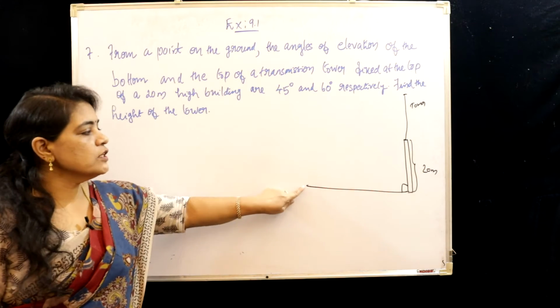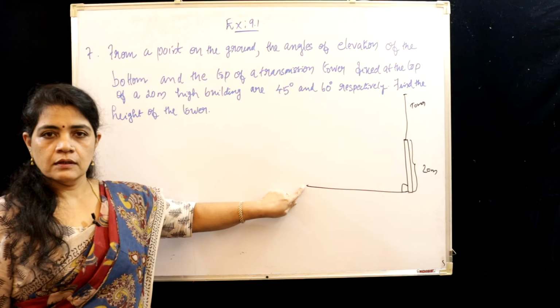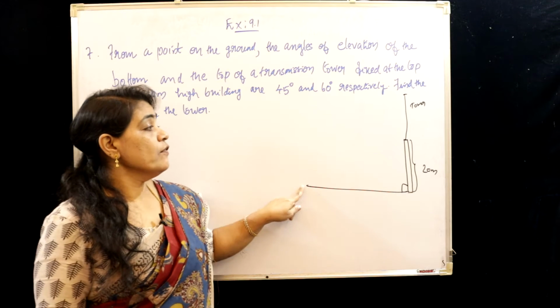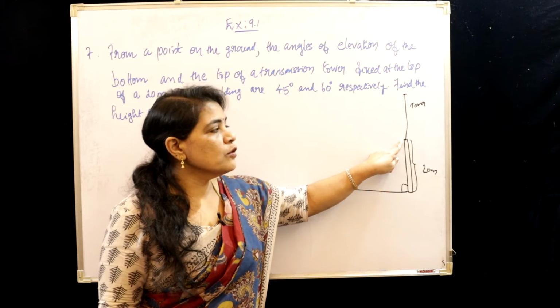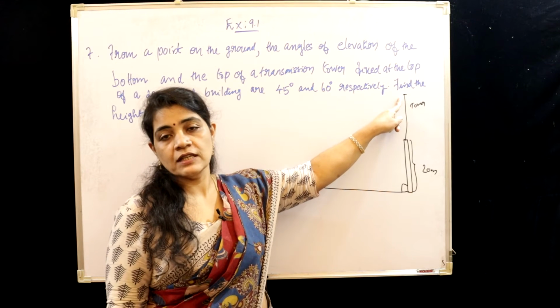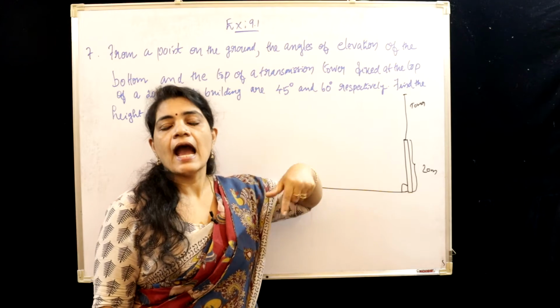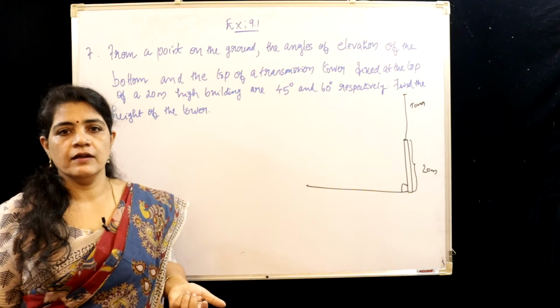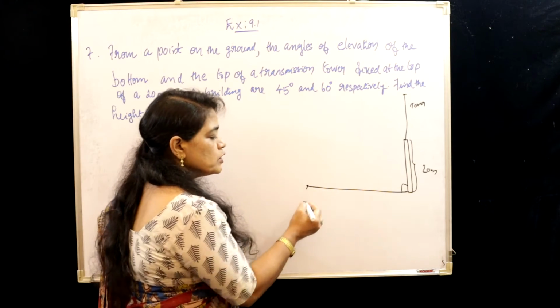And from a point on the ground, the angles of elevation to the bottom of the tower and the top of the tower are given as 45° and 60° respectively. Suppose this is the point on the ground.